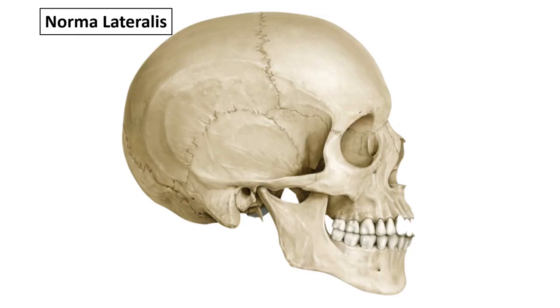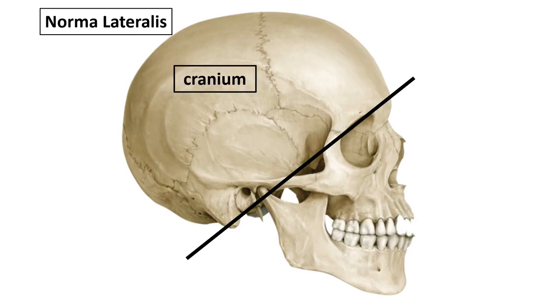We are going to study the skull from this view to have an idea about what are cranial bones and the facial bones. And this is the line dividing the skull into cranium and face. So this is the cranium and this is the face.